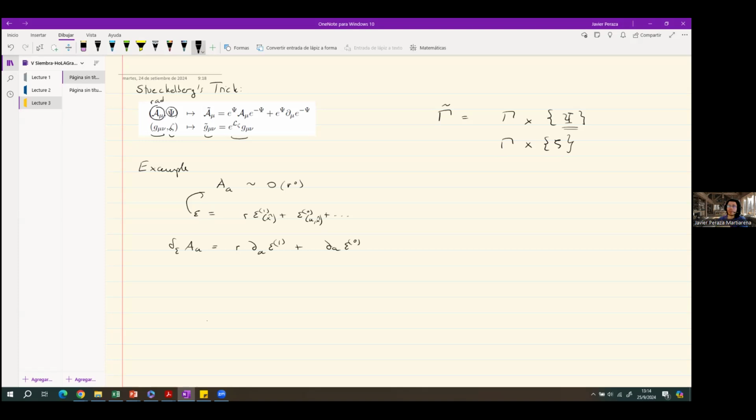And how can we manage to accommodate these variations such that they don't violate the phase space fall-offs? Well, what we do is create a new vector field, which is the radiated one plus the derivative of a function on the sphere, and this one is now the new degree of freedom.